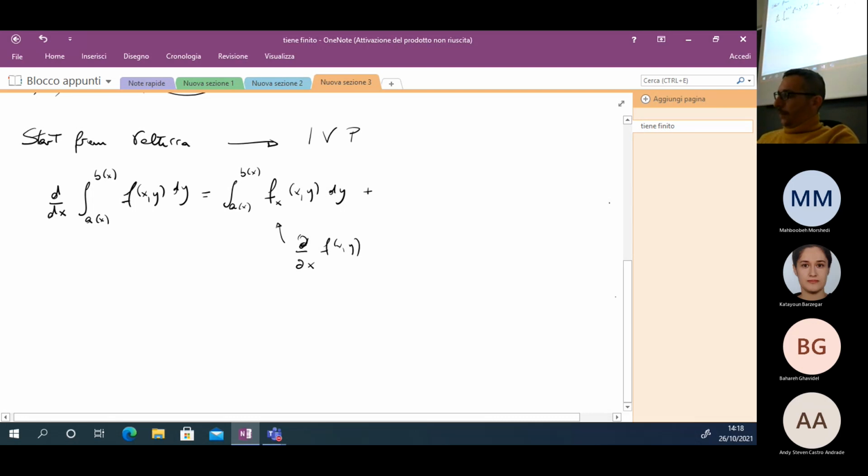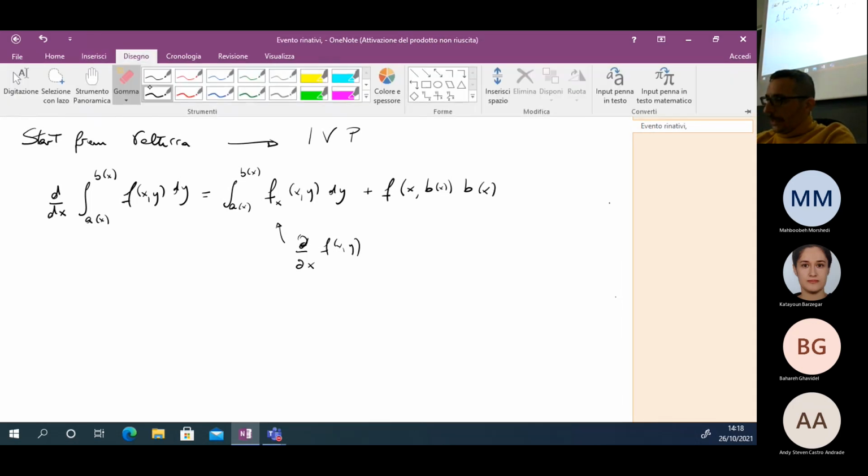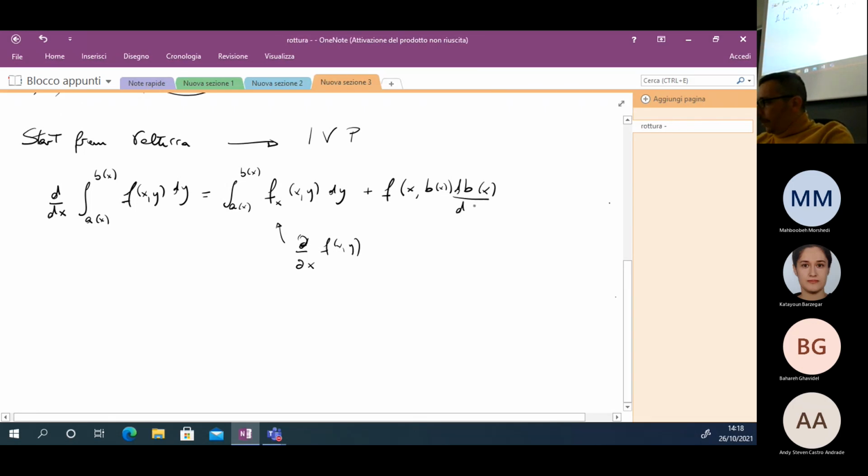Then I have plus f evaluated in x, b of x, times b prime of x. And then I have minus f evaluated in x, a of x, times the derivative of a of x with respect to x.